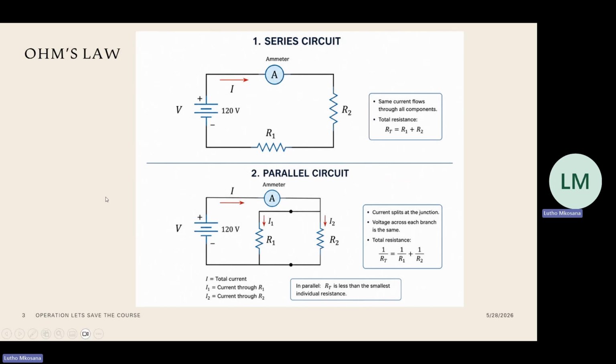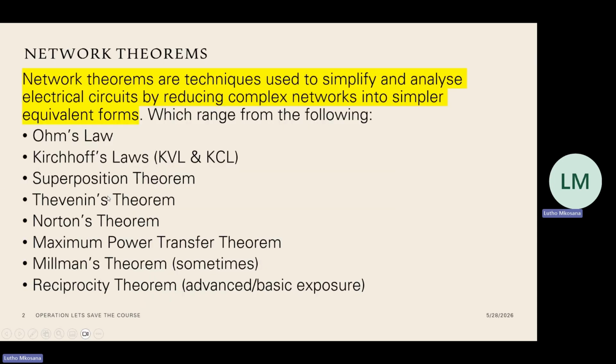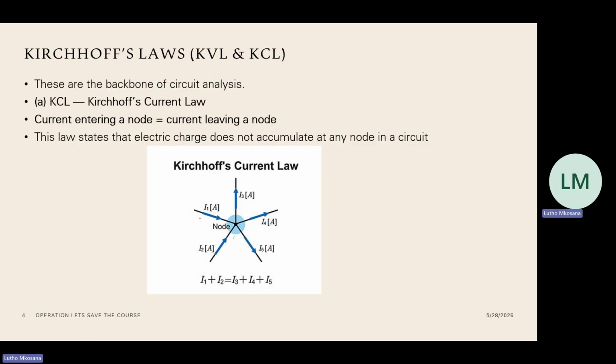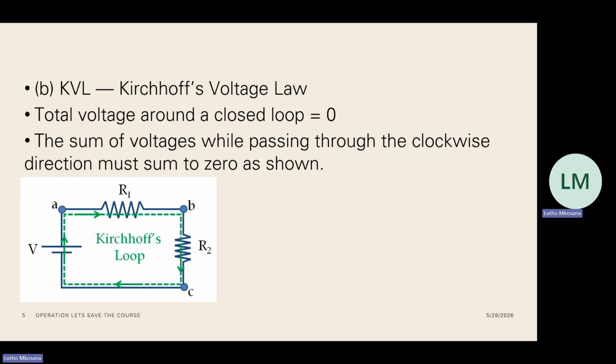Welcome to part 2 of network theorems. Last time we covered what network theorems are, and we touched on Ohm's law and KCL, Kirchhoff's current law. Today we'll be touching on KVL, which is Kirchhoff's voltage law, which incorporates a bit of everything.